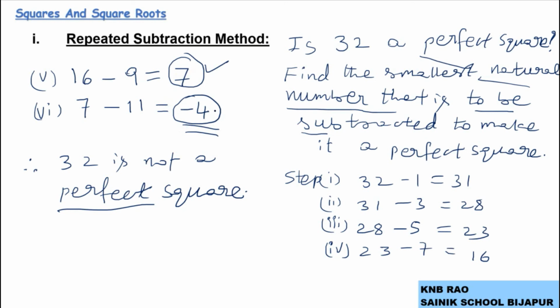In the sixth step this negative number tells how much is to be added.